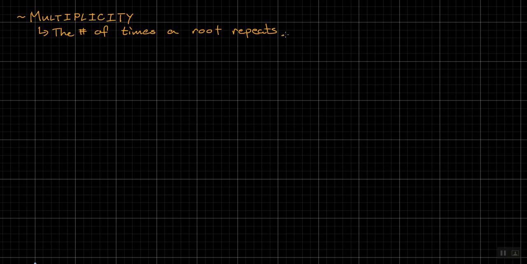Was it negative 6 or positive 6? I'm sorry. What was the multiplicity of 0 in that problem? How many times did it show up? Look at the example in our notes, not the one we did on the board. Once. It had a multiplicity of 1. How about the plus 6? Its multiplicity was 2, and they did fundamentally different things, just like we saw 3 and 4 do fundamentally different things on our graph.